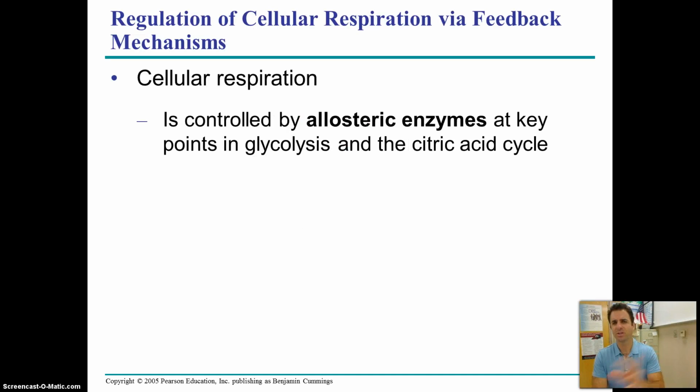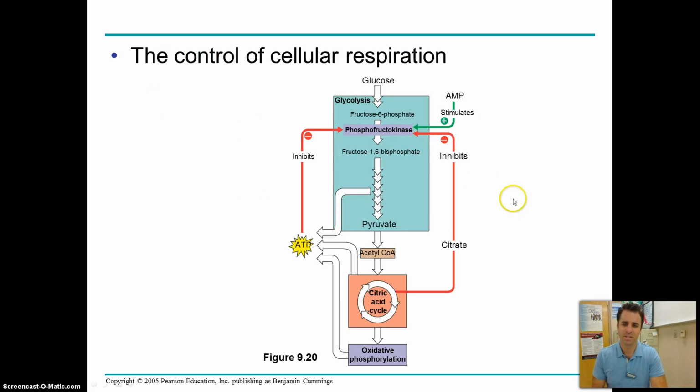Now, you can control respiration through negative feedback in the presence of allosteric enzymes within the pathway. So citrate, for example, one of the products of the citric acid cycle, if we have a lot of it, we can negatively inhibit phosphofructokinase, also called PFK. It's an enzyme in the glycolysis pathway. It turns off the system so that we don't waste and use up unnecessary glucose.